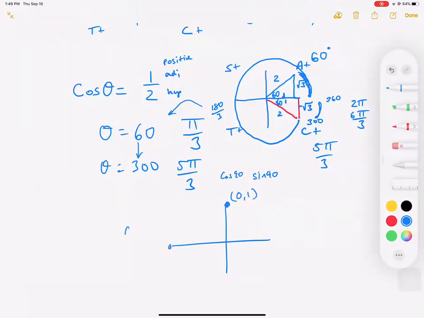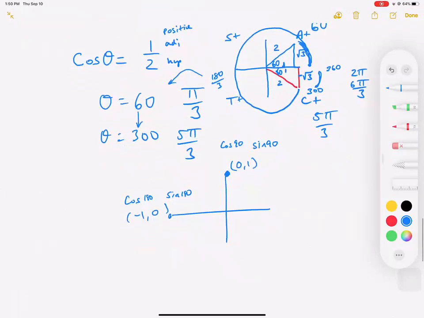Over here, when cosine is -1 and sine is 0, that's 180. When cosine is 0 and sine is -1, that's 270. And when cosine is 1 and sine is 0, that's 0. So if you look at these, some of these answers will only have 1 possibility.